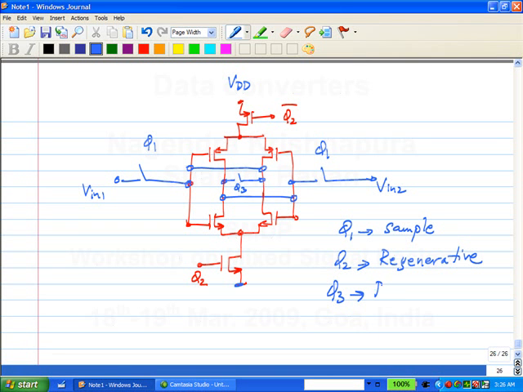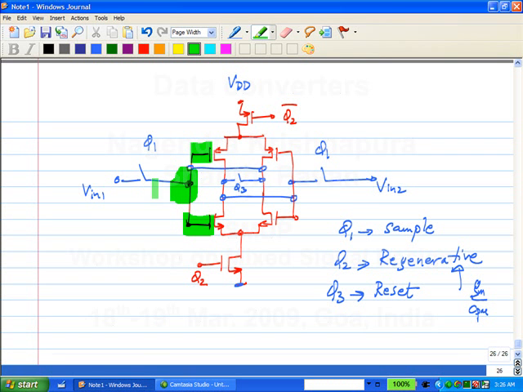And the regenerative time constant is basically Gm by C parasitic. Please note that the total capacitance is basically the sum of all the capacitances at this node, right? That includes this gate capacitance, the switch capacitance, the parasitic capacitance of the switch, and so on, right?